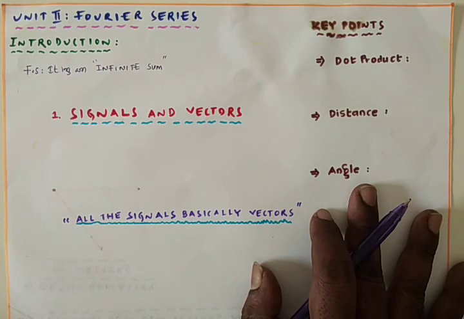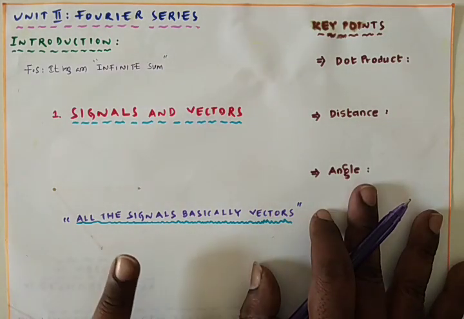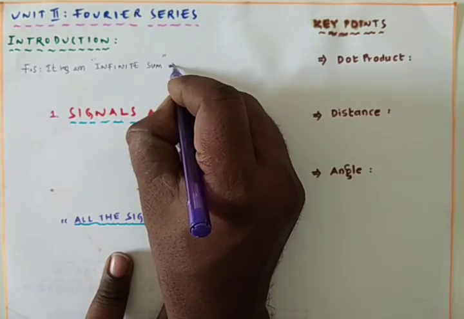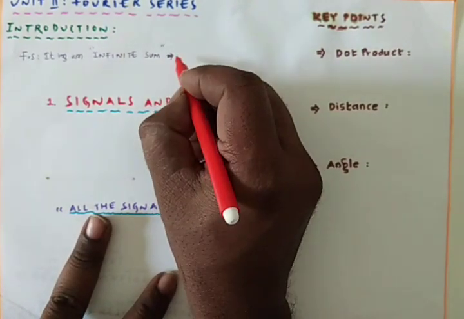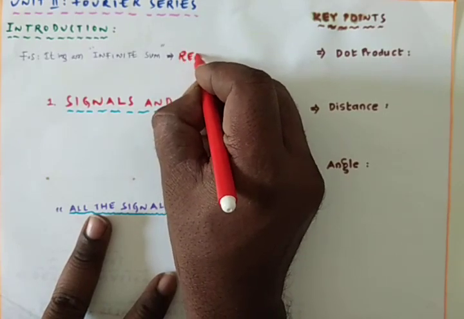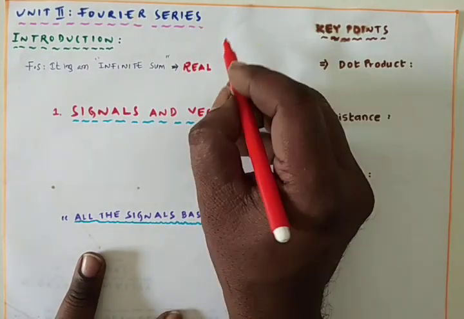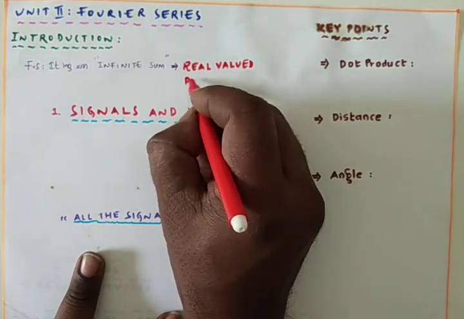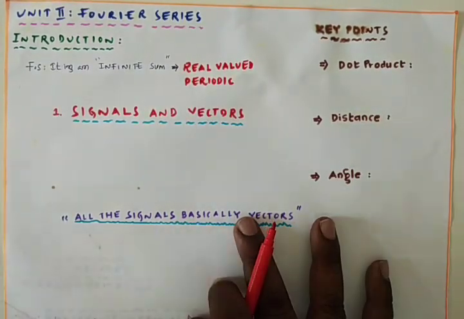We know that sine theta, cos theta, etc. Then what is this infinite sum of trigonometric functions used for? It can be used to analyze and model real valued signals and periodic signals. We have various types of signals, and to analyze or model those signals, real valued signals and periodic signals can be modeled by making use of Fourier series.